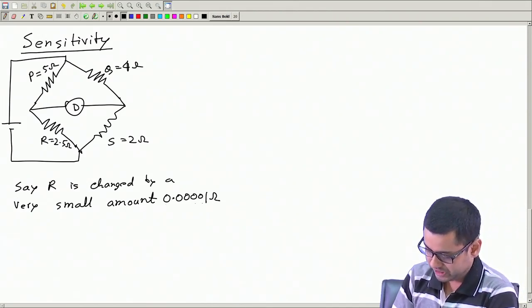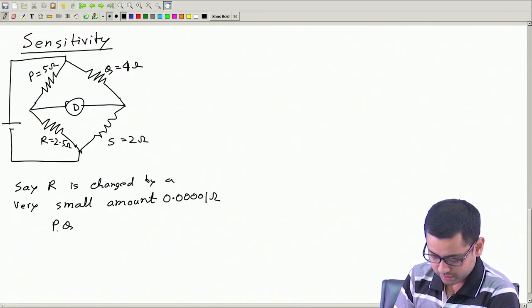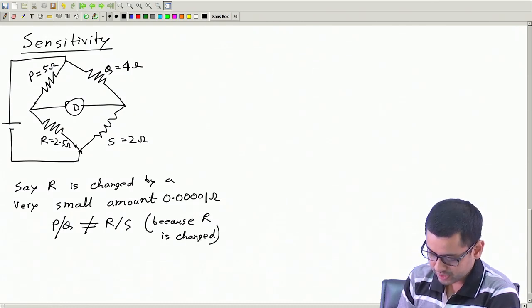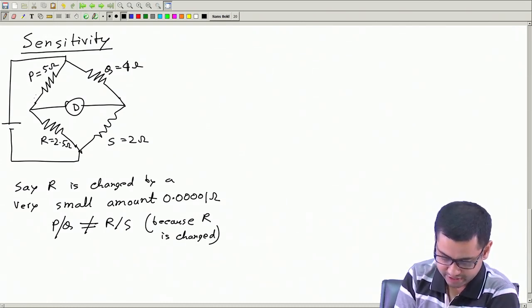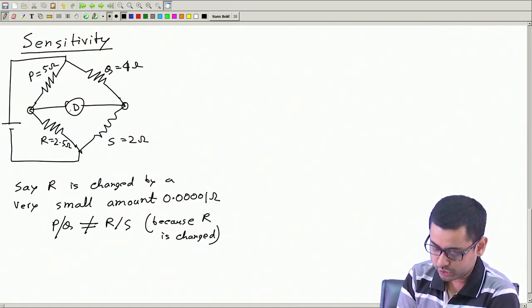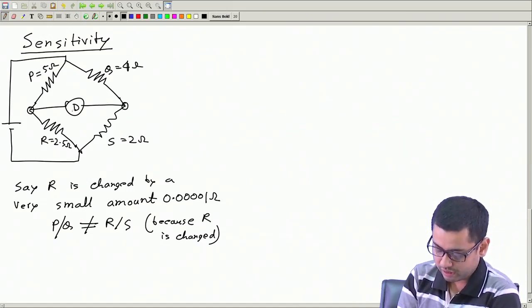Now, of course, even if you change it by a small amount, P by Q is no longer equal to R by S, because R is changed. So, the potentials at these 2 points will no longer be the same, and some current should flow through the detector, and we should observe a non zero current.